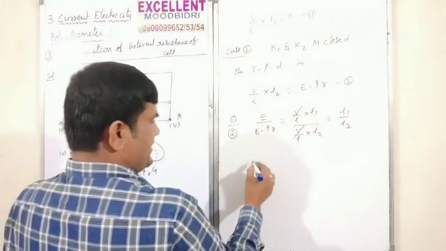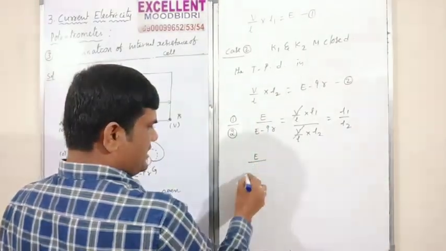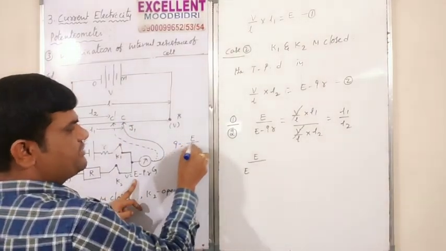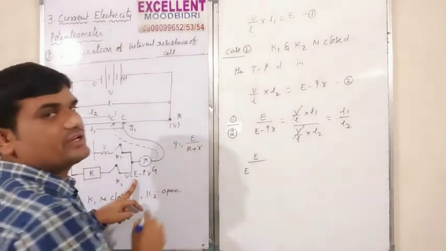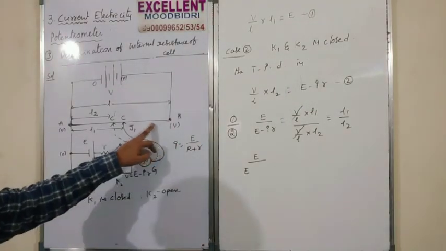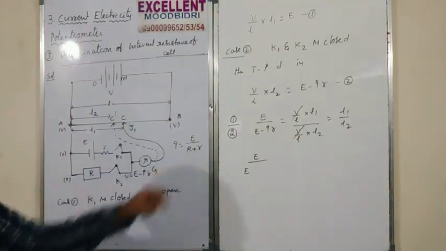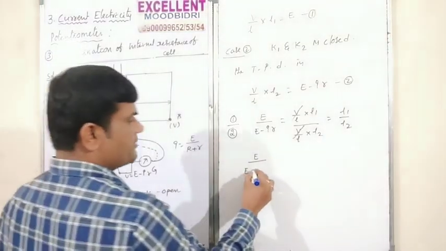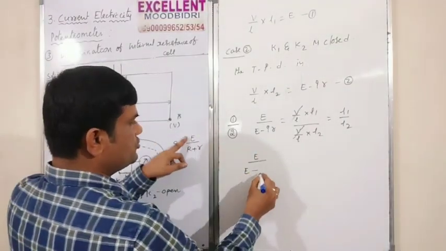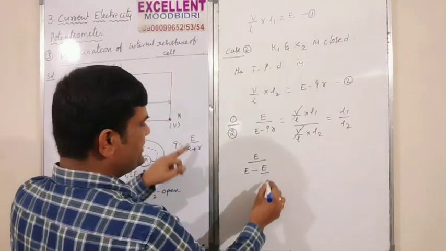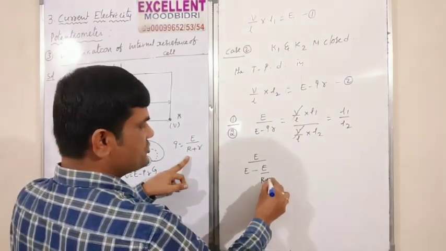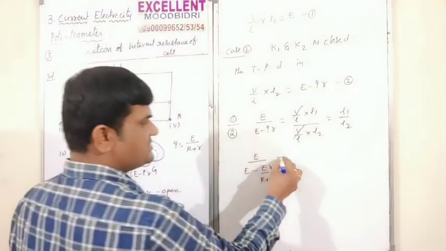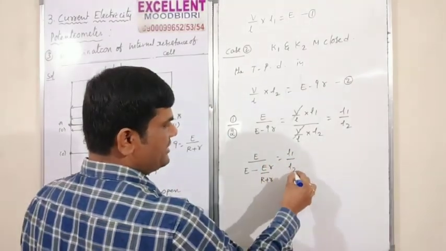Now, instead of I, the formula is I is equal to E divided by R plus small r. Here capital R is the resistance of the wire and small r is the internal resistance of the cell. Therefore, E divided by (E minus E divided by R plus r into r) is equal to L1 by L2.